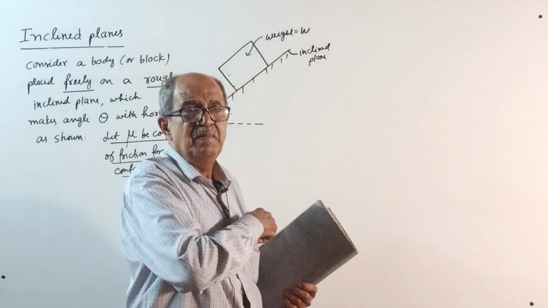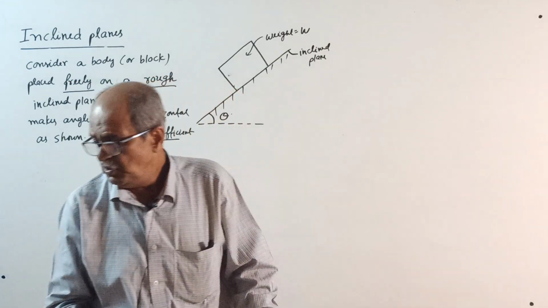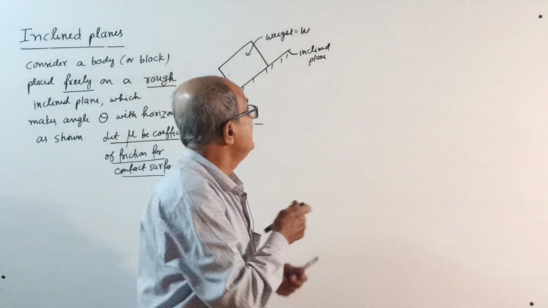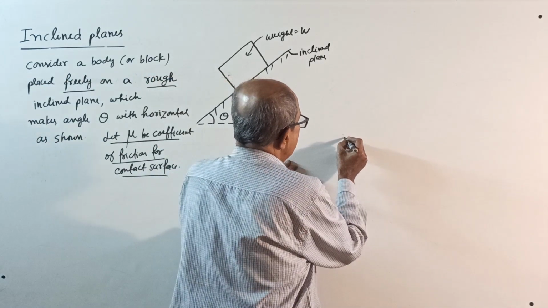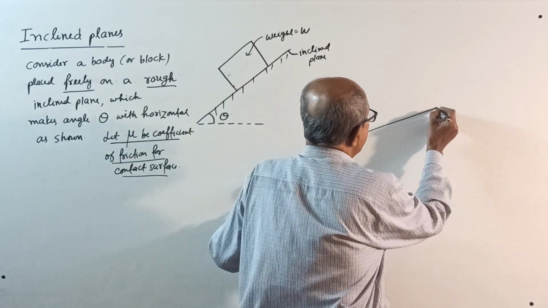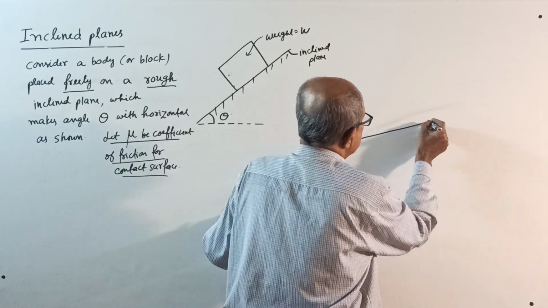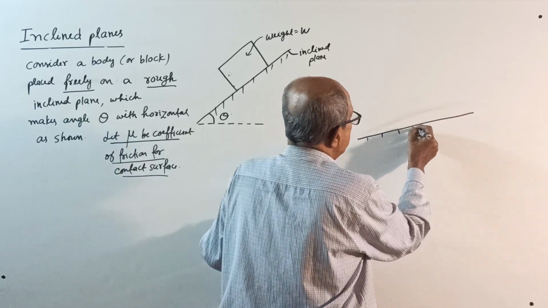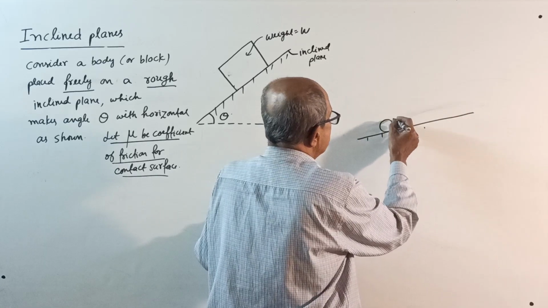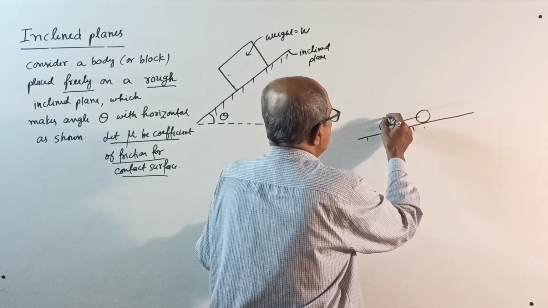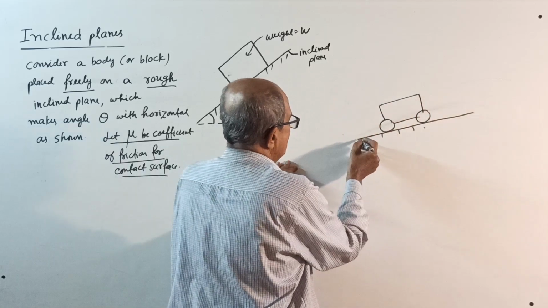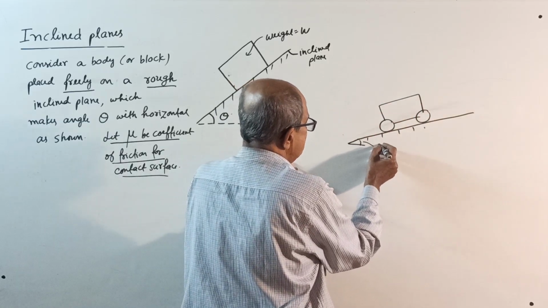Imagine this is the inclined plane, with a small angle theta, not big, very small. The vehicle is resting here, a four-wheeler.